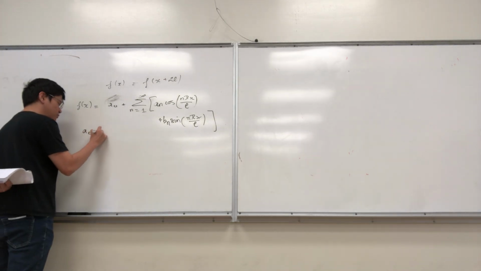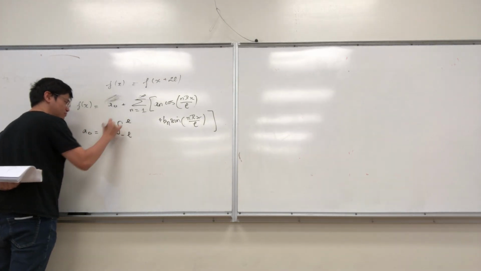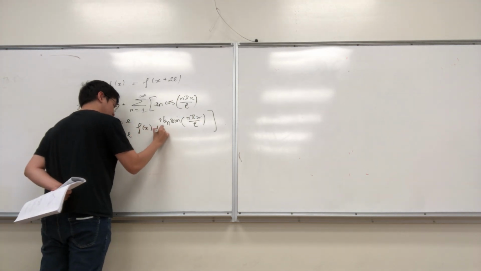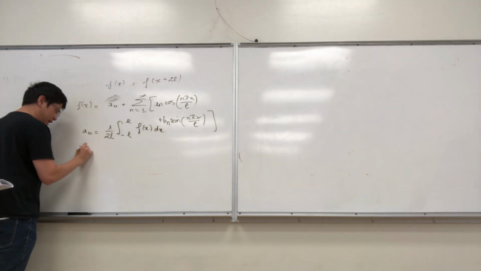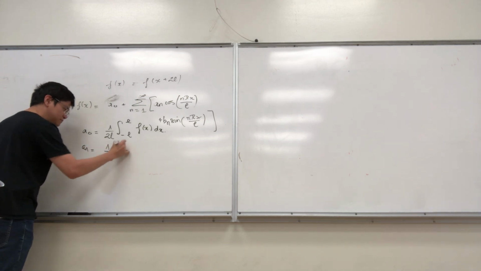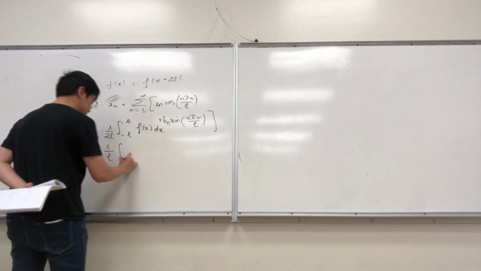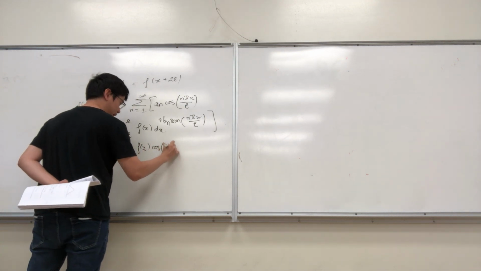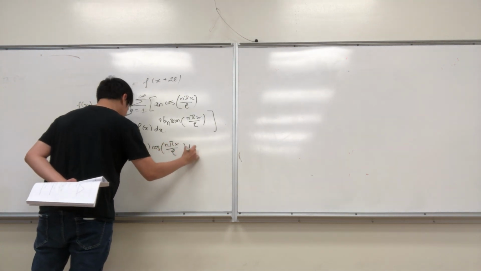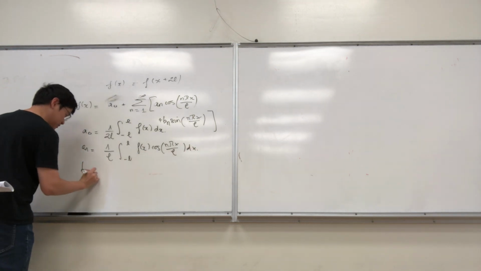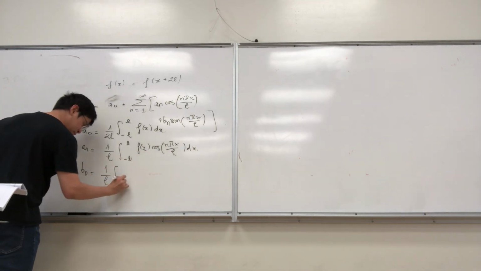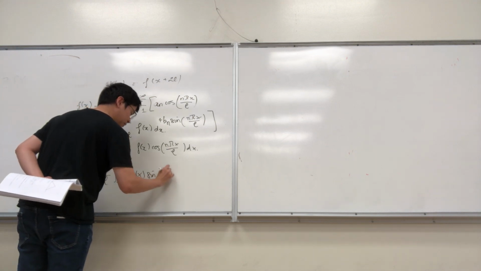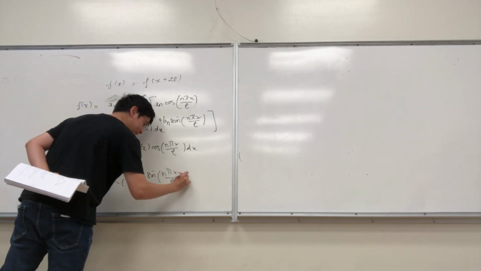So a0 will be the integral from minus L to L, you take 1 over 2L times f(x) dx. Right, so an will be 1 over L, the integral from minus L to L of f(x) cosine of n pi x over L dx, and bn will be computed similarly, with sine of n pi x over L.